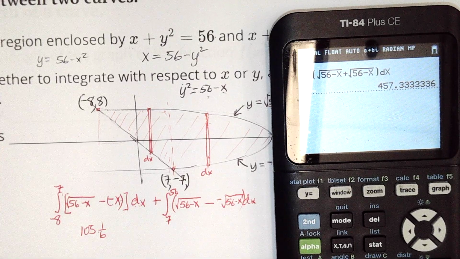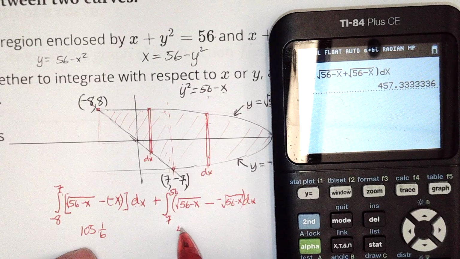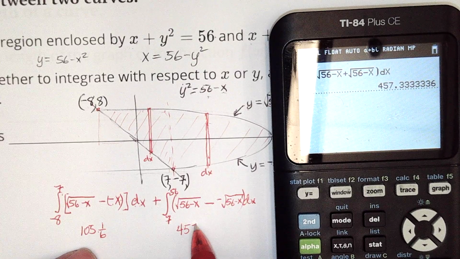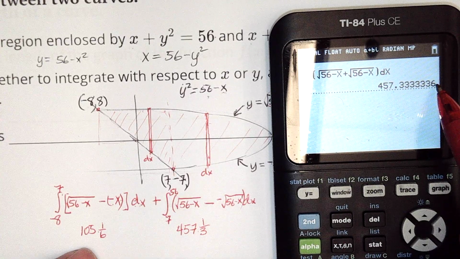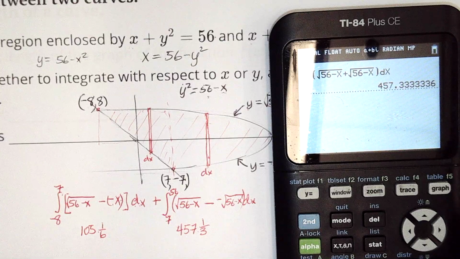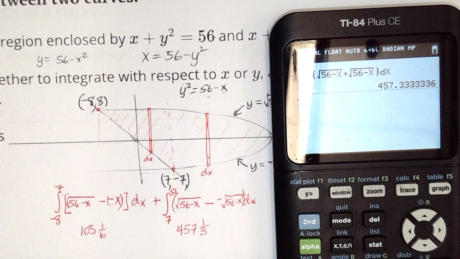And that gives me 457 and 1/3. I don't know why it gave me 6 at the end, but it looks like 1/3.